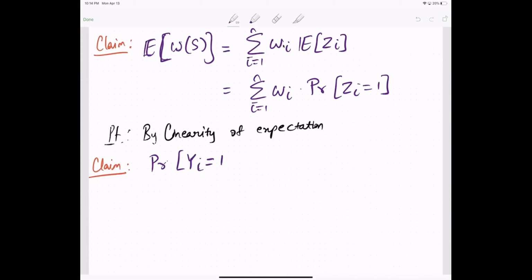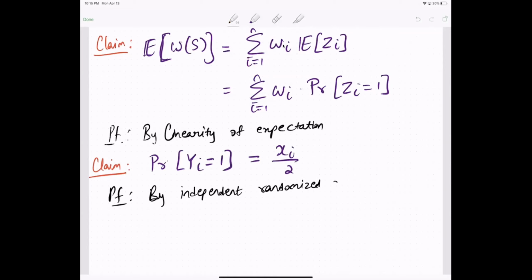The probability of yi equal to 1 is xi over 2, because that's the probability with which each interval is being independently sampled, by independent randomized rounding. Okay, so we'll need these two claims later when we do the final step.